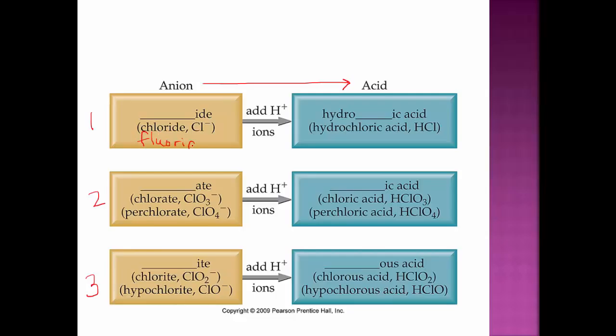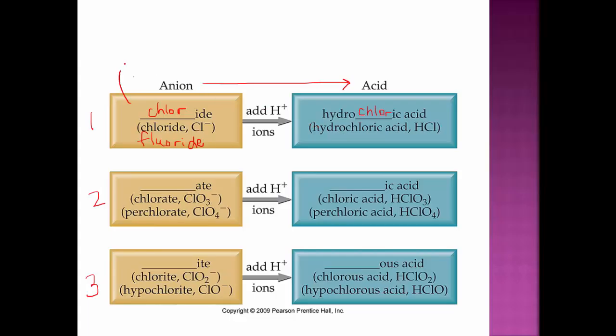What you do is you take that "ide" ending and get rid of it, and you have a little root left over, like chlor or fluor, and you insert that root right in here. So chloride, when you pair it up with hydrogen, becomes hydrochloric acid. Fluoride would become hydrofluoric acid.